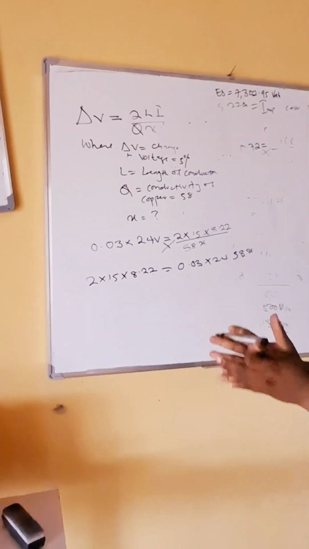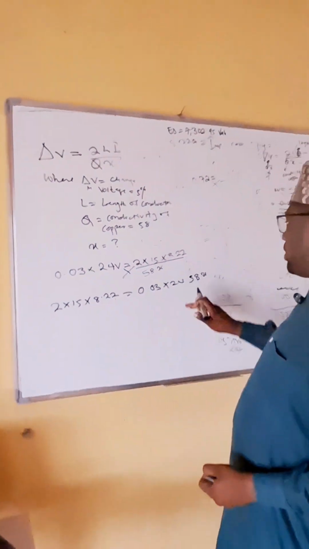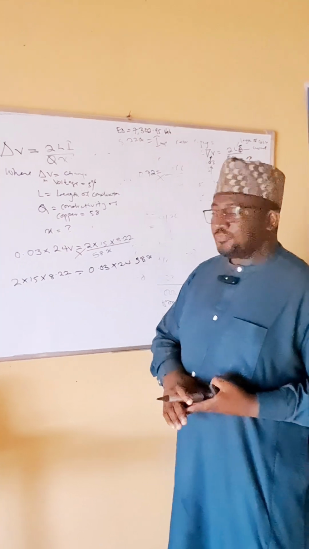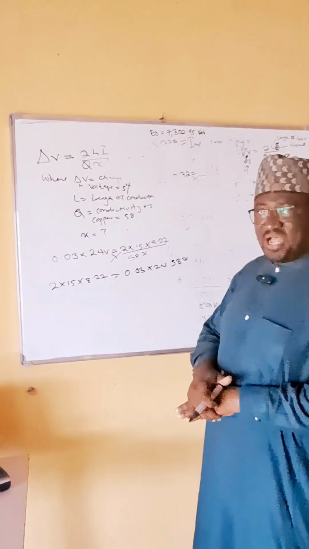So we have the left hand side and the right hand side, where the right hand side is the one having the unknown. How do we separate this x from the values we have here?